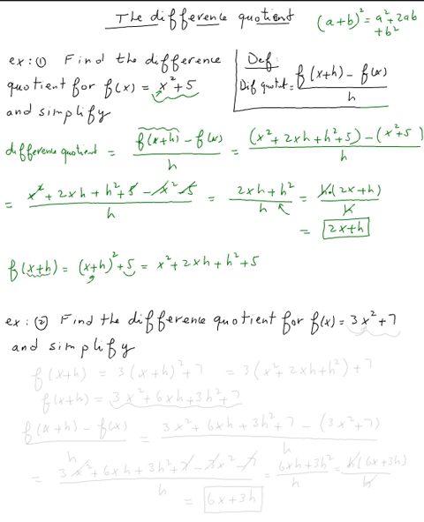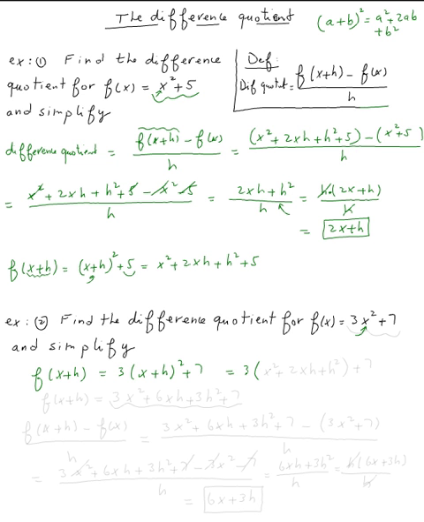Now the next example is exactly the same. We need to first find f of x plus h, which means plugging x plus h into x here. So it's 3 times x plus h squared plus 7. Now I'm going to FOIL the x plus h squared.